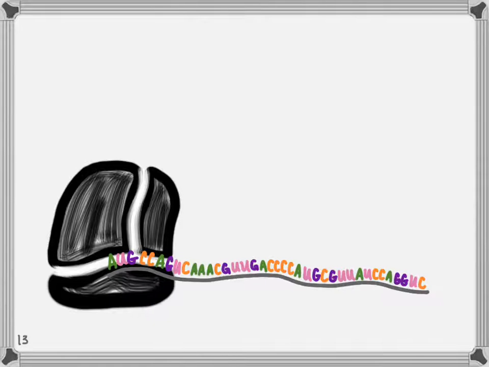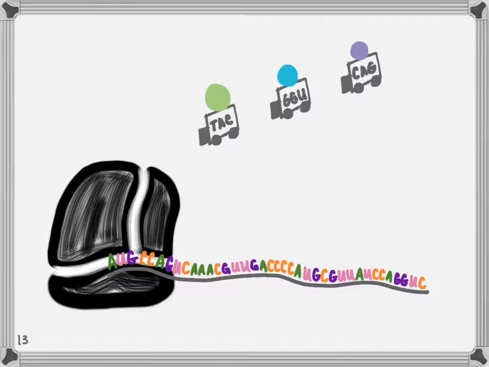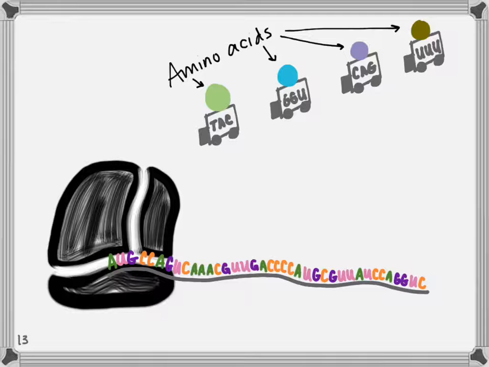As a codon is read, an amino acid is delivered to the ribosome, carried on a small molecule with a code, called an anticodon, that complements the codon. The codon provides the order for the amino acid, and the anticodon, well, it's on the tRNA, but it's really just like a license plate on the truck that delivers the amino acid.